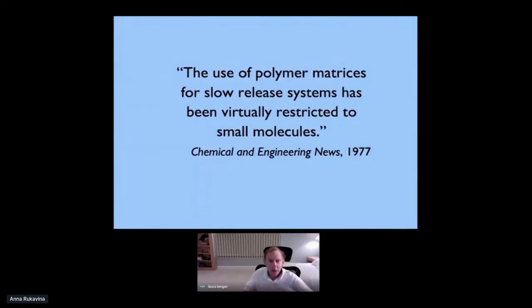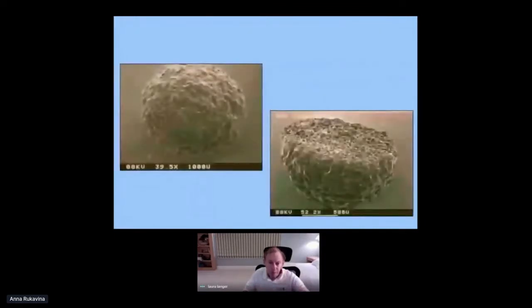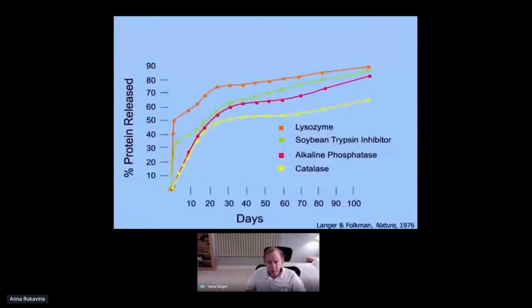Next slide. And you see a picture of one of these on the top left and also on the bottom right. With this one approach, I was able to show that you could actually release almost anything that was a macromolecule for as long as you wanted. And the next slide shows a graph from a paper that we published in the journal Nature in 1976.